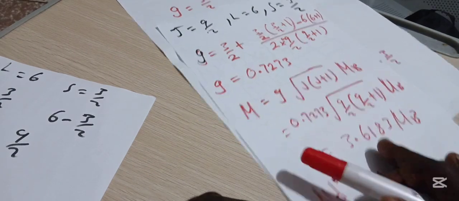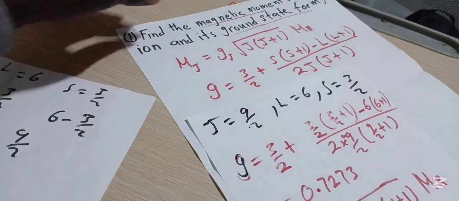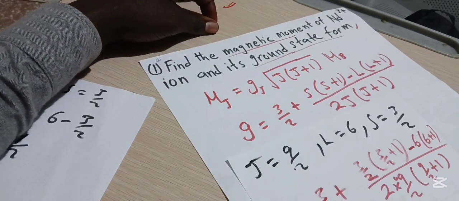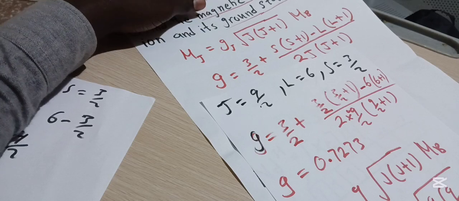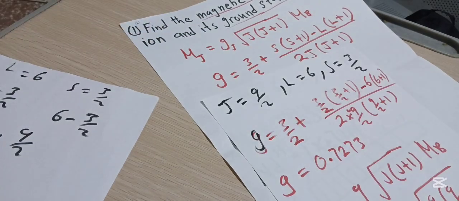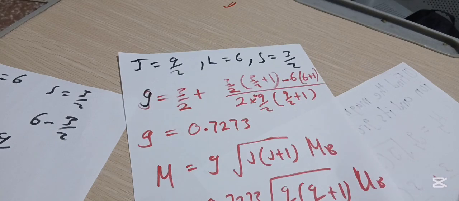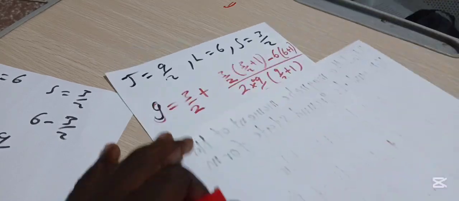The question is twofold. We are to calculate the magnetic moment and also the ground state form of the Nd3+ ion. So let's look at the ground state form for the Nd3+ ion. I want to keep these values here because we'll be needing them.